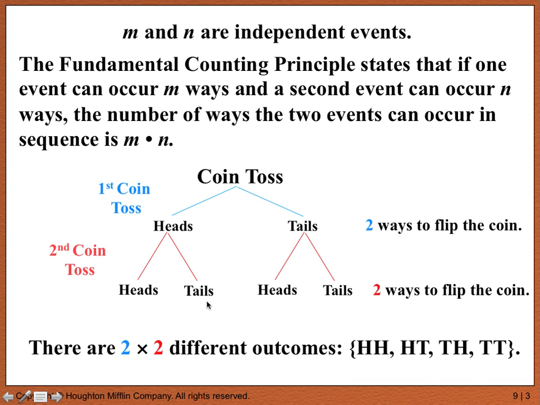Another path is TH. And another path is TT. And I can see here visually that there are 4 different outcomes: HH, HT, TH, TT. And mathematically, it's just because there are 2 different ways to do the first event, 2 different ways to do the second event, and 2 times 2 is 4.